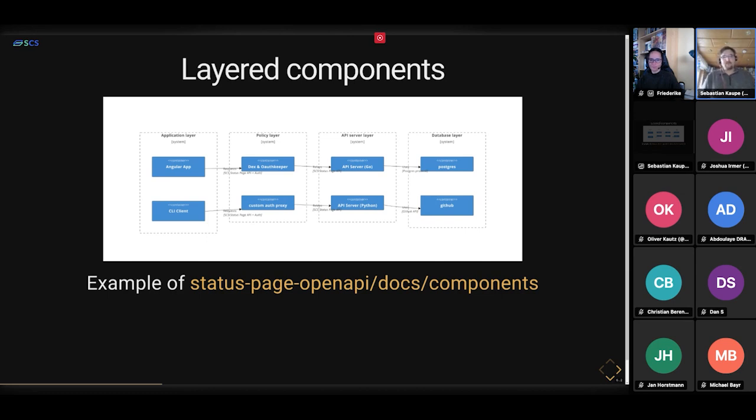An API server written in Python, because why not? Python is a nice language. And I think this was an idea we actually had at one point, but did not use. In this example, we used GitHub as our database layer by storing incidents as GitHub issues. I think that was the idea. As I said, this is just an example. We never built this, but this would be possible.